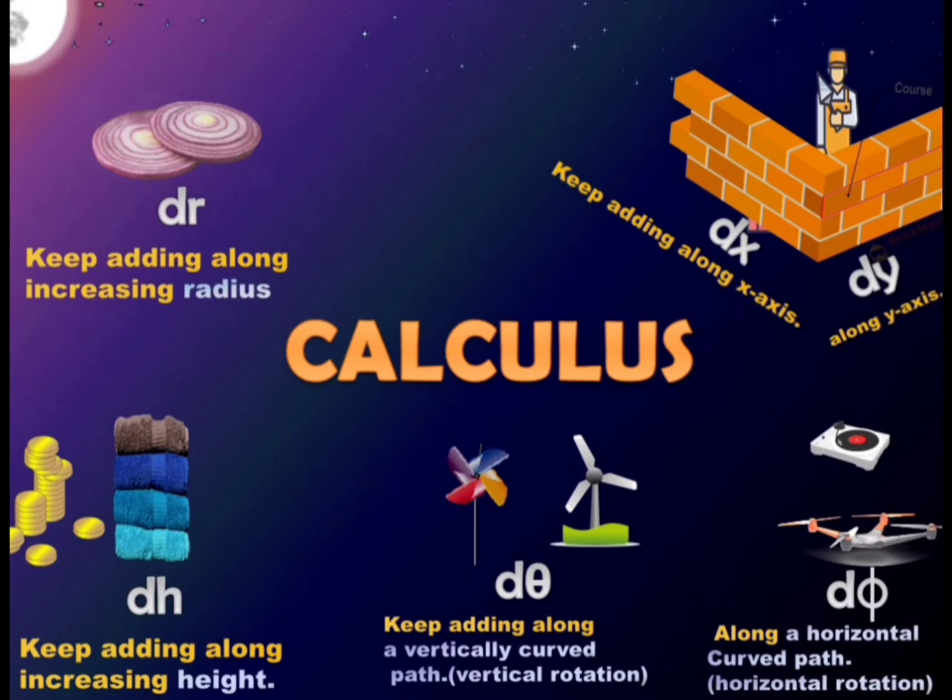What if in integration or calculus, dx and dy mean keep adding along the x and the y-axis respectively? dr would mean keep adding along increasing radius, dh along increasing height, d theta along a vertically curved path, and d psi means keep adding along a horizontally curved path.